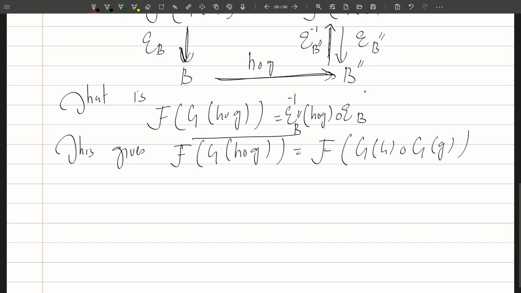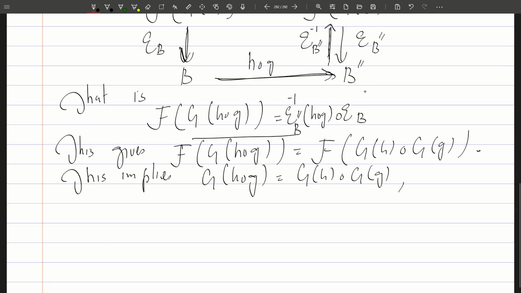Again, F being faithful implies F is injective, and hence G of h composite g is the same as G of h composite G of g. Again, the reason is that F is faithful. So this proves that this G is a functor.